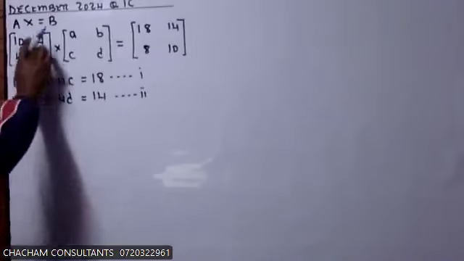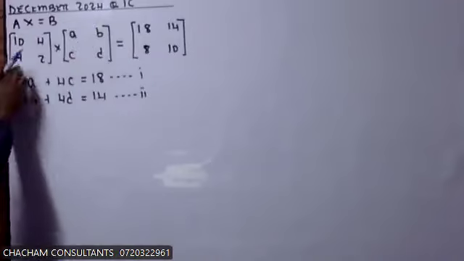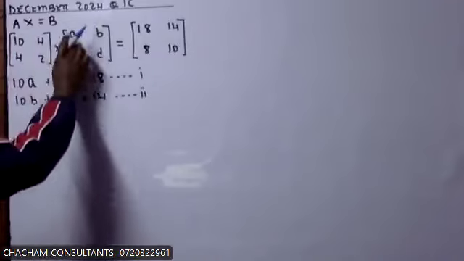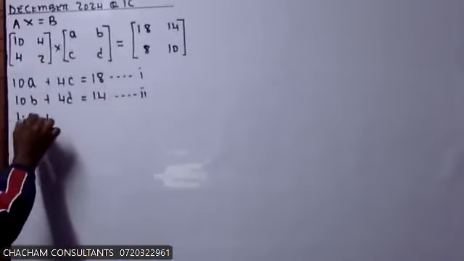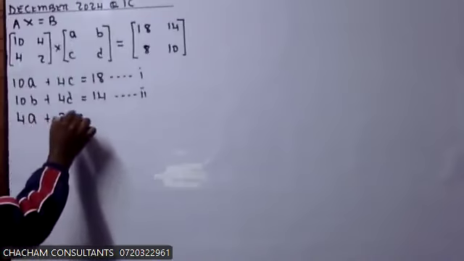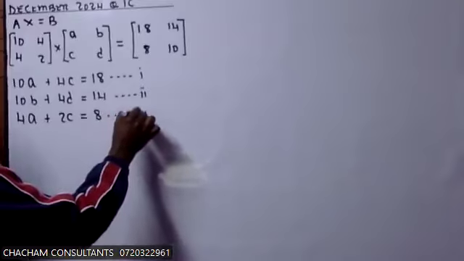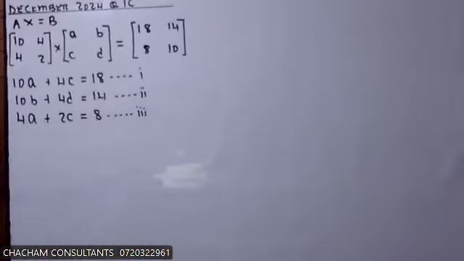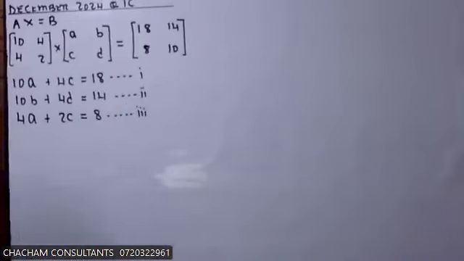When I multiply this row by this column, I have 4A plus 2C is equal to 8. So that one I call equation number 3.